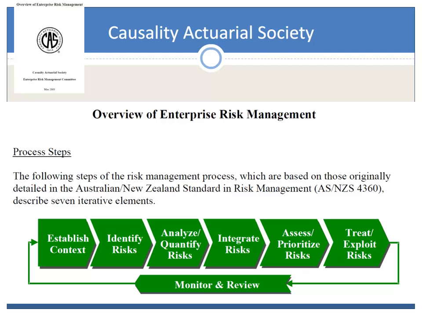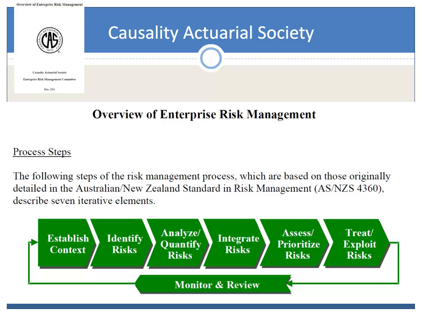Enterprise risk management is a term you will hear more and more often. The Committee of Sponsoring Organizations of the Treadway Commission has this to say about enterprise risk management. The underlying premise of enterprise risk management is that every entity exists to provide value for its stakeholders.